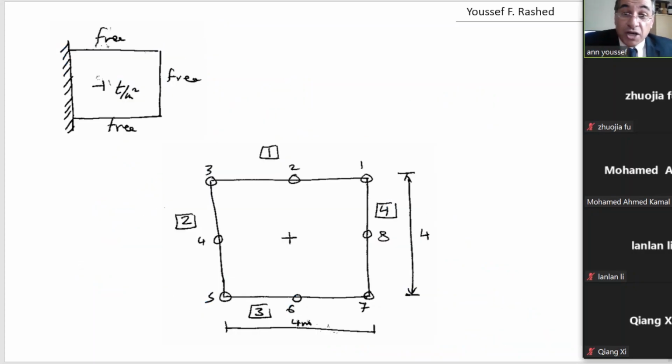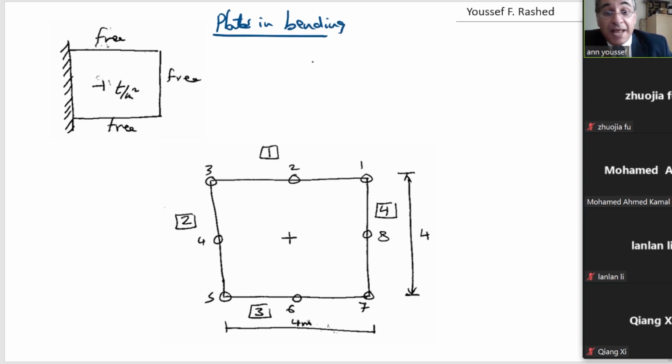This is for two-dimensional elasticity, but for plates in bending, I'm going to give you a small program. I put it on the drive. You can try it for quadratic elements, and you have two types of quadratic elements: continuous elements and discontinuous elements.